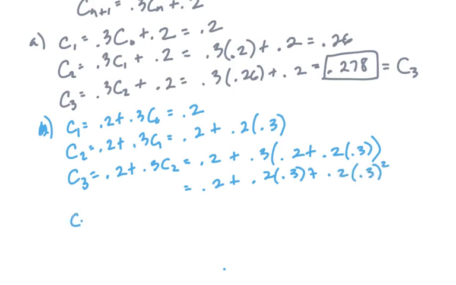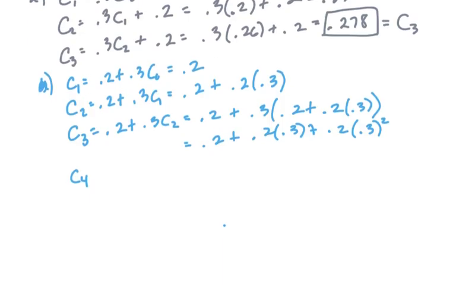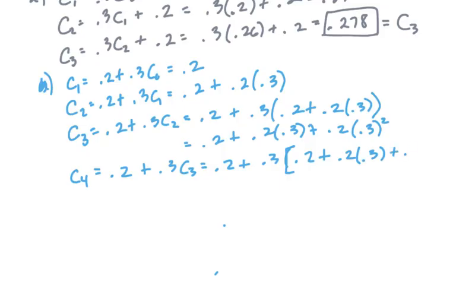Let's go ahead and look at C4 just to help solidify this pattern for us. So this is 0.2 plus 0.3 times C3. So we're going to have 0.2 plus 0.3 times C3, which is 0.2 plus 0.2 times 0.3 plus 0.2 times 0.3 quantity squared.